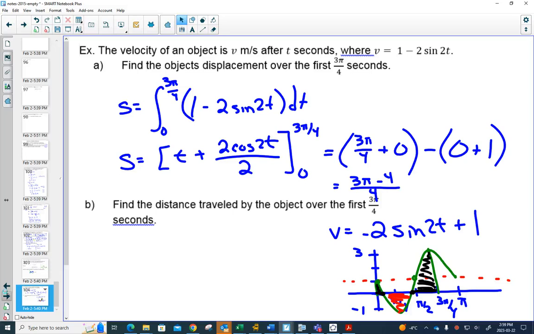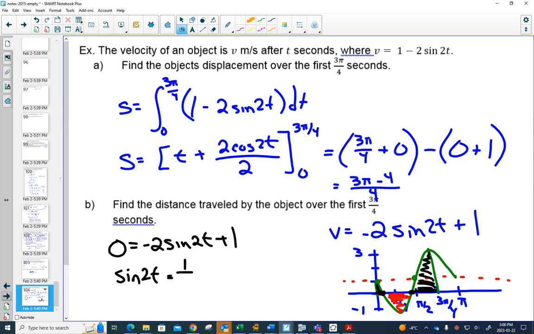So if this is a non-calculator question, I already know what the integral is, but I'm going to need to find these 2 points where it hits the x-axis. So I would plug in 0, and I could get sine 2t by itself by moving the 1 over and dividing by -2. So I get sine 2t is equal to 1/2. And that is a value that you should recognize.